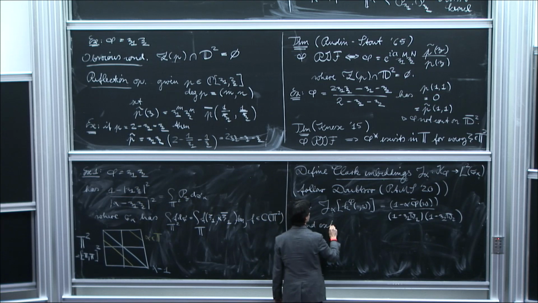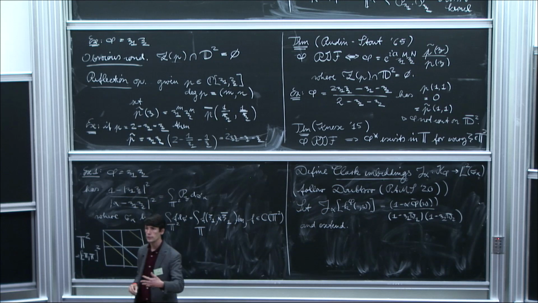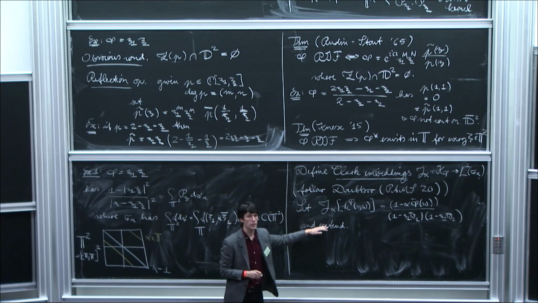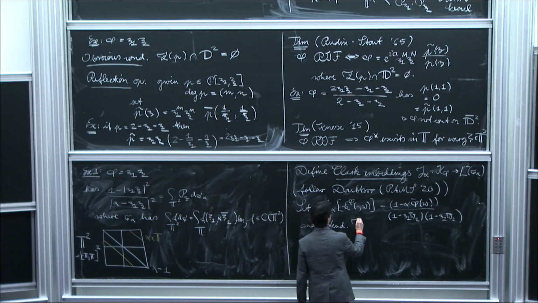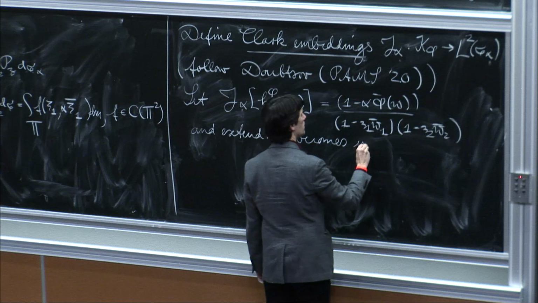And I'm not going to go into the details, but from here you basically do the same thing that Clark did in his original paper. You check that this respects inner products in the correct way, and then you use that these kernels are dense. So this defines an isometry.